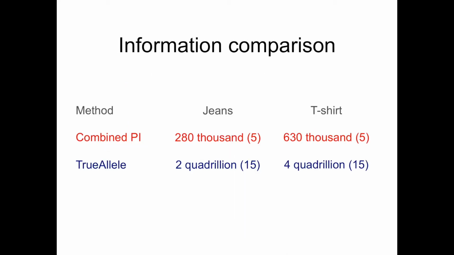Here's the combined probability of inclusion that was in the lab's report, and here's the true allele result that was in Cybergenetics' report. On the genes that we saw, we reported 2 quadrillion, which has 15 zeros after the 1. Quadrillion's a 1 followed by 15 zeros.